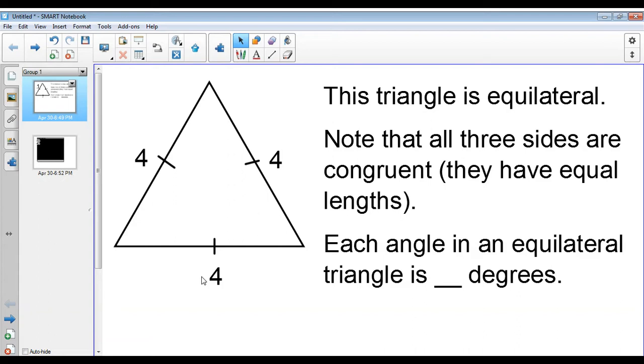So therefore, we need to consider what the measurement is in each of these angles in an equilateral triangle. Now, if there are three equal angles in an equilateral triangle, we need to figure out how many degrees are actually in here.